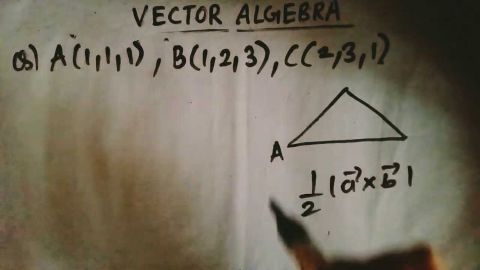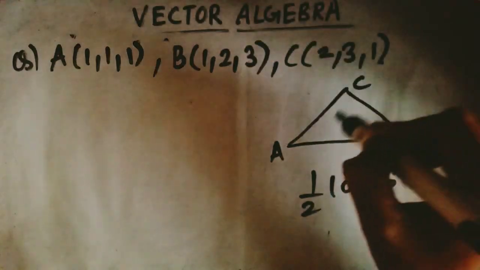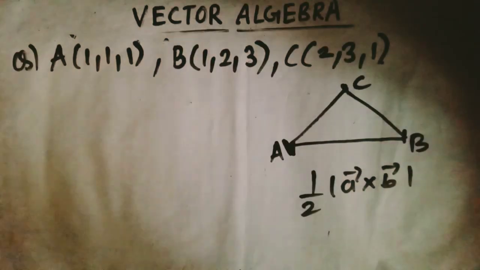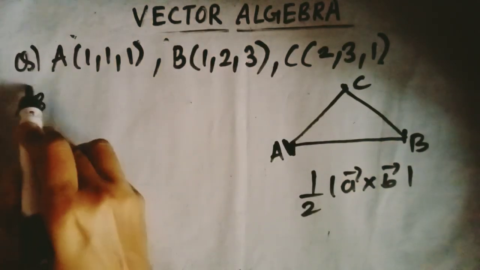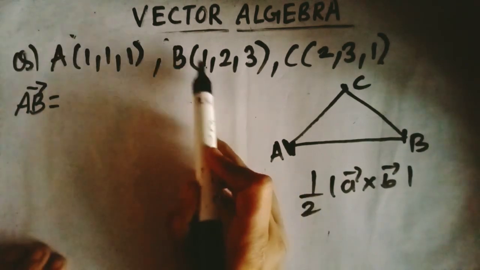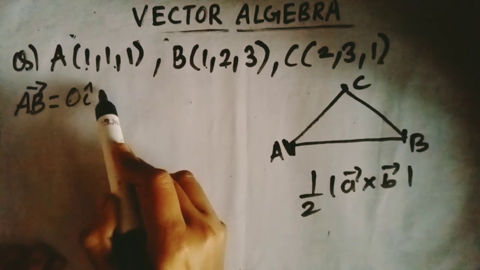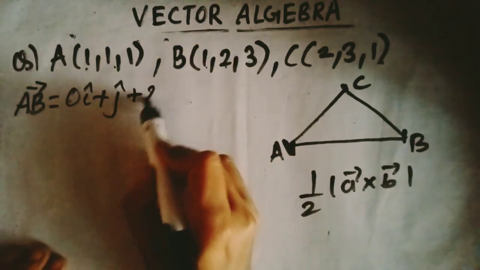So I'll take vector AB and vector AC. First to find out vector AB: 1 minus 1, 0 i; 2 minus 1, 1 j; 3 minus 1, 2 k.